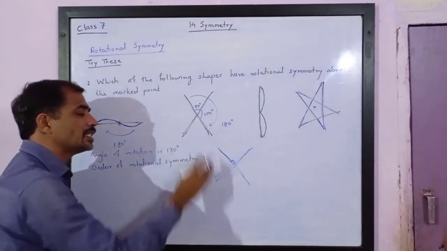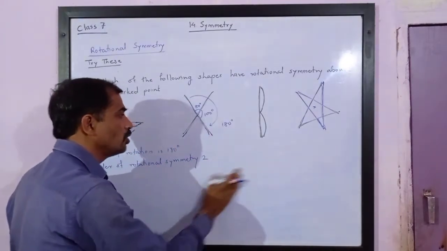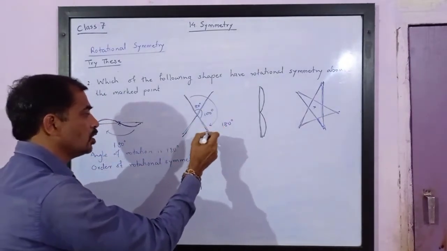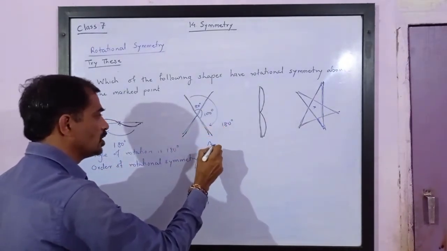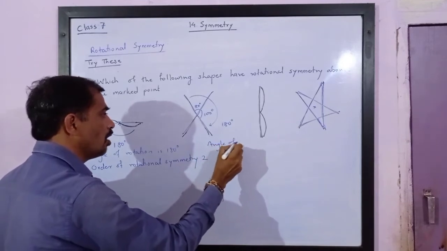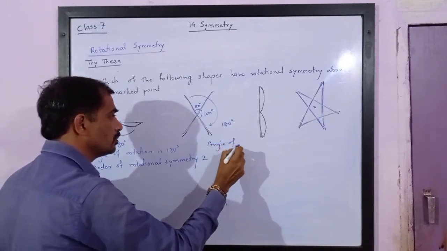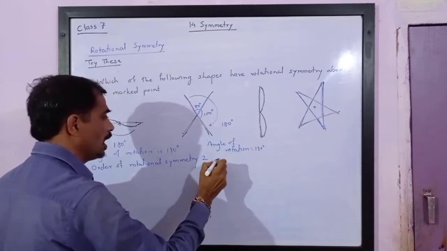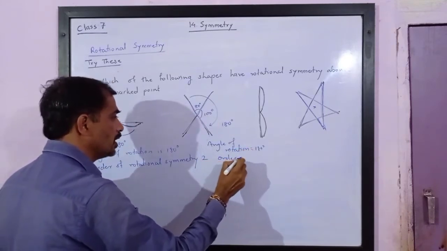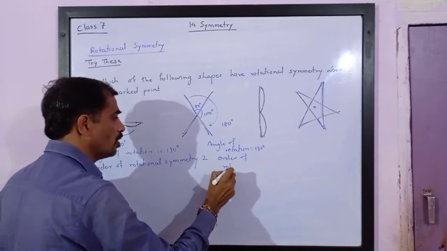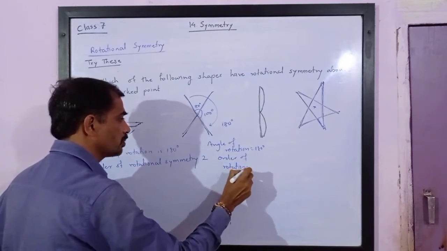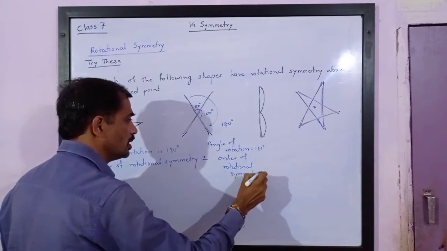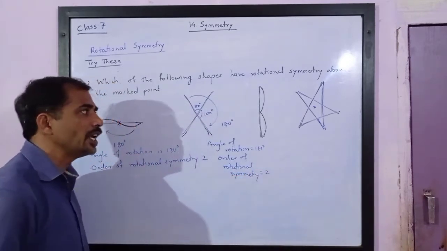But if it is less than 90 degrees, then you will have to rotate by 180 degrees. In this case, angle of rotation equals 180 degrees, and again order of rotational symmetry is equal to 2.